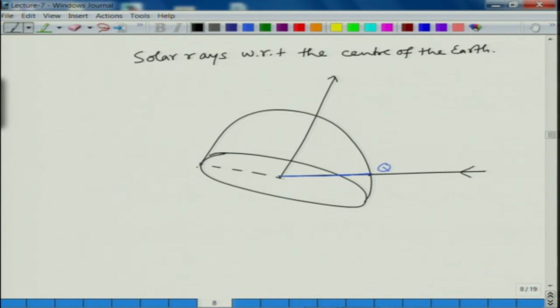Let us say this is the equatorial plane line. The angle this one makes, we called the declination angle, right.